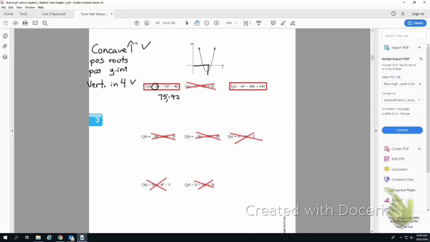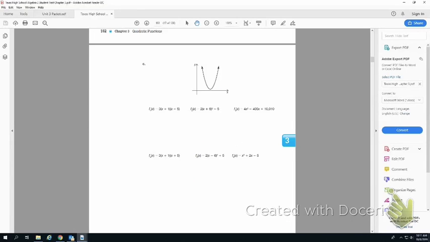Okay, so those are the 2 things that vertex form is going to give me: concavity and the vertex. It's got a positive concavity, a positive y-intercept, a vertex in the first quadrant, but it doesn't have any roots.